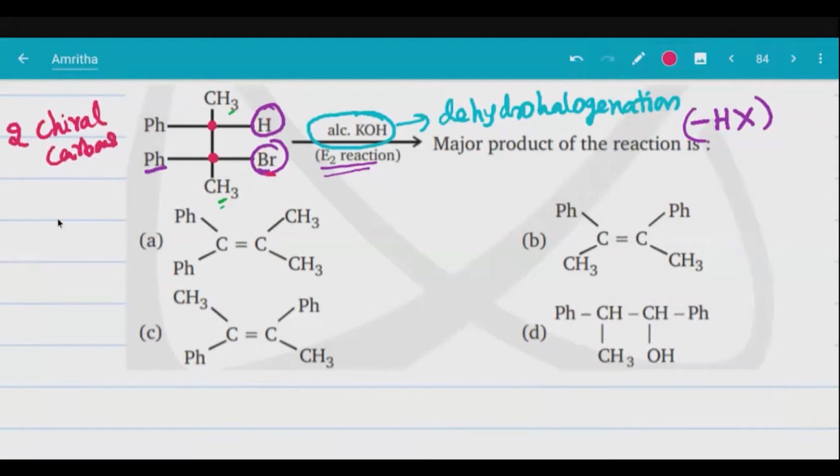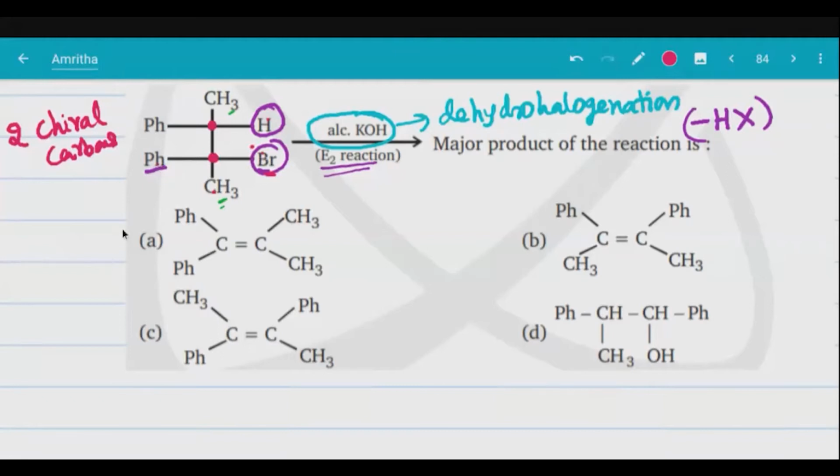Sir, can we bring this opposite? Yes, because carbon-carbon rotation is possible. You're not breaking any bond here. You can rotate the bonds, but you have to make sure the configuration doesn't change.